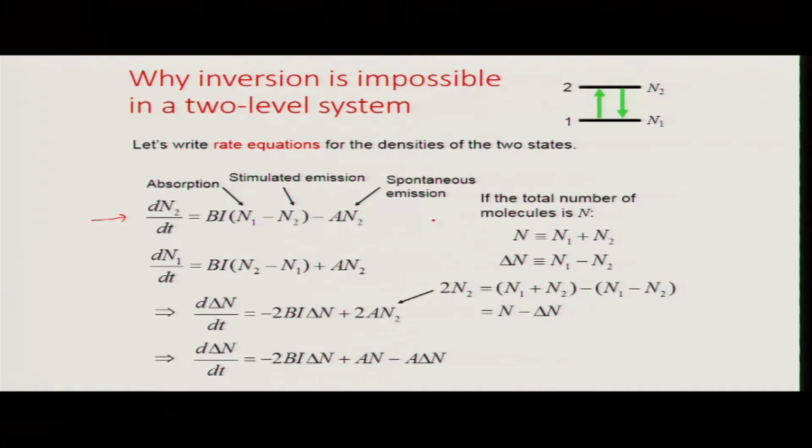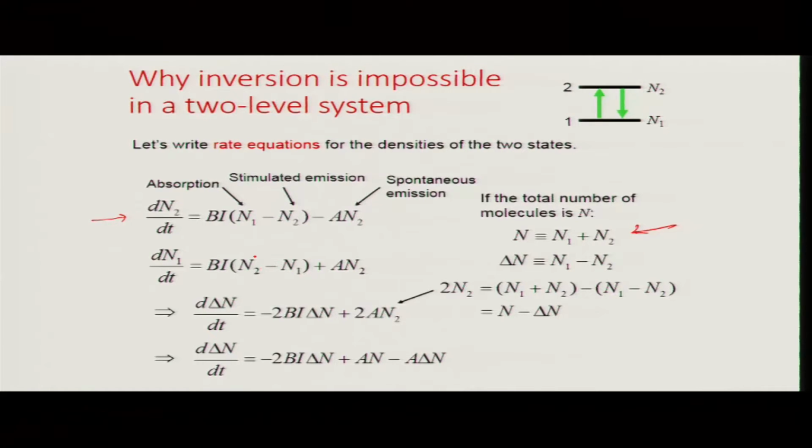So, we will have absorption, stimulated emission and spontaneous emission. If the total number of molecules is n, then n equals n1 of the absorbing ground state and n2 of the excited state.